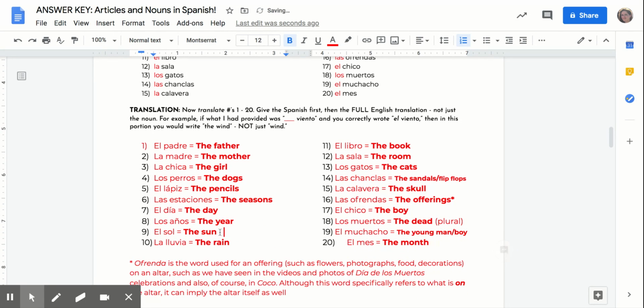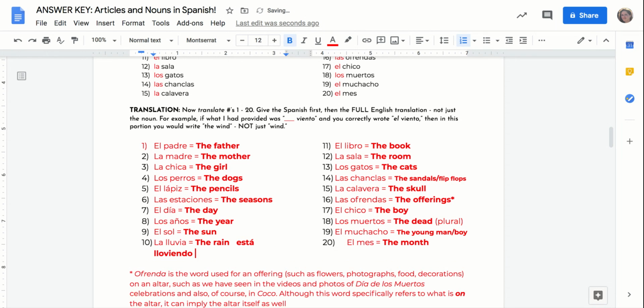And then la lluvia, you haven't seen this word spelled exactly this way. What you have seen is está lloviendo or llueve. Both of those expressions mean it's raining or it rains.